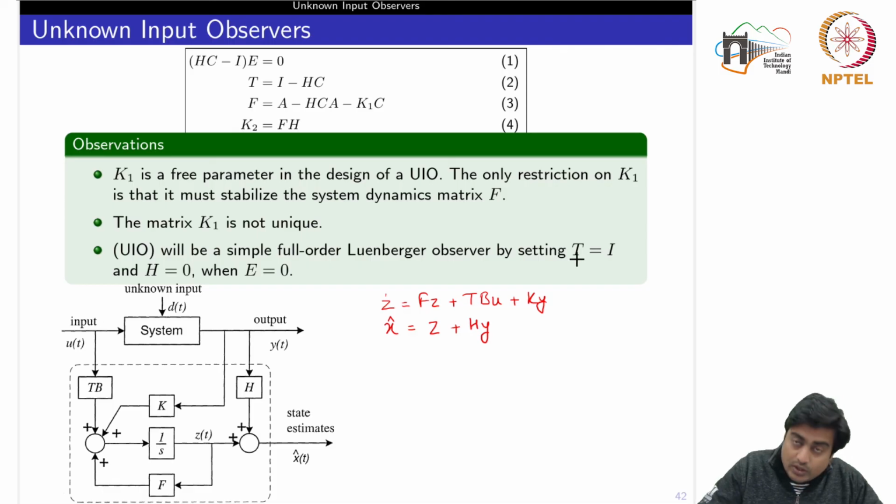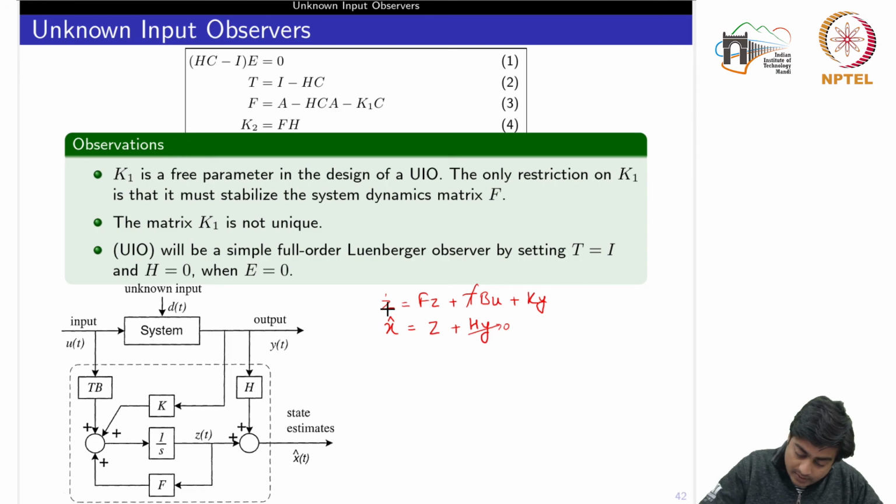So now if we substitute T is equal to I, this will go away as an identity matrix. H is 0, so this part would become equal to 0. So the remaining part is x hat would become equal to z.